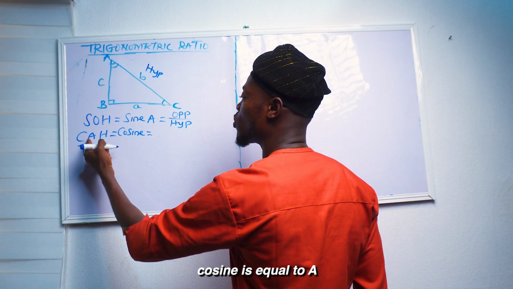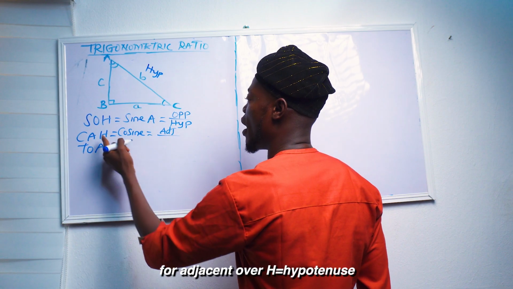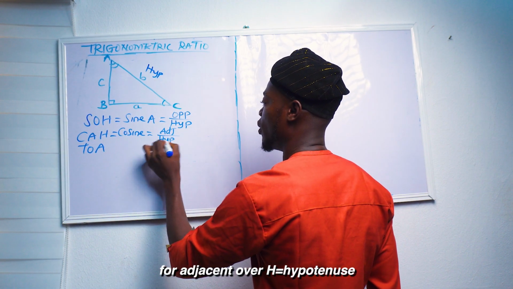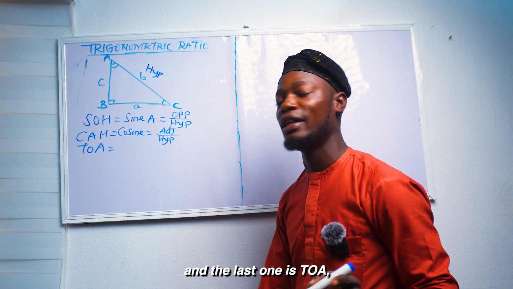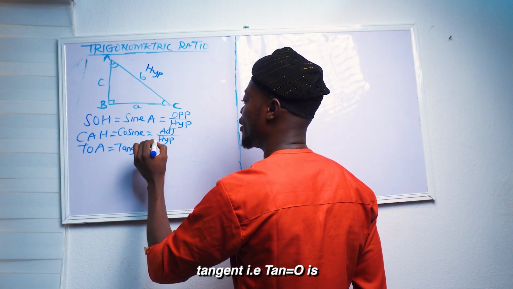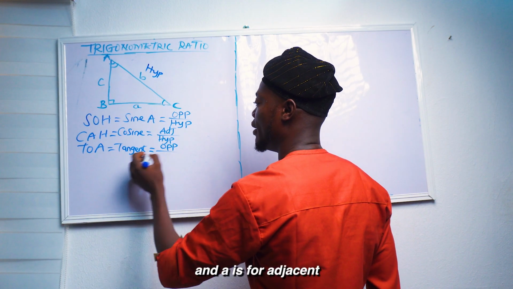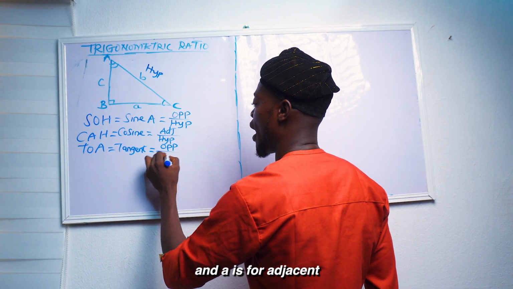So cosine is equal to A for adjacent over H for hypotenuse. And the last one is TOA. T is standing for tangent. That is, tan is equal to O for opposite over A for adjacent.